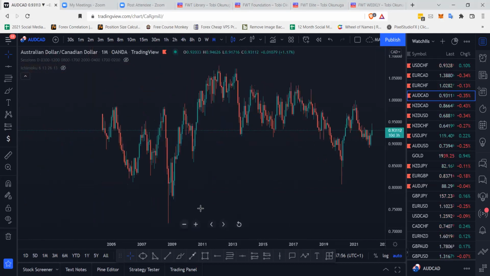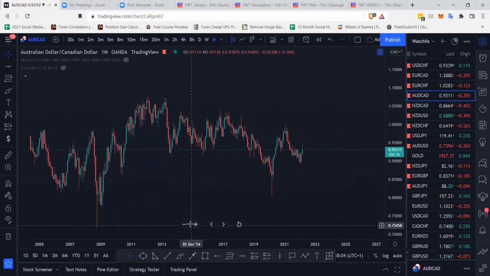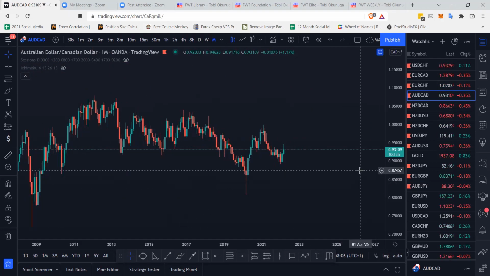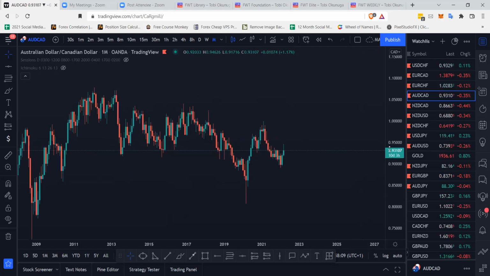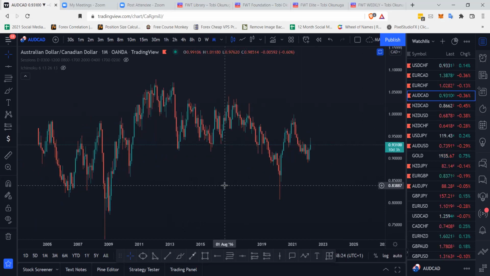Guys, you have to learn to also check out market structure on higher time frames. It will really help you to enter the best trades, honestly. So what do we have on this one? Monthly AUD CAD. What is this chart telling us? Is price in an uptrend or a downtrend on AUD CAD by looking at this?